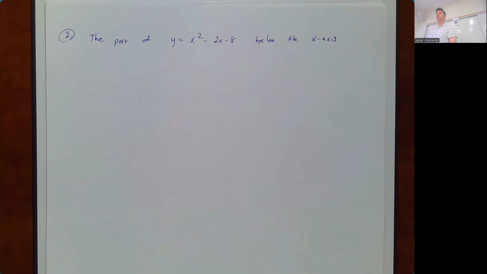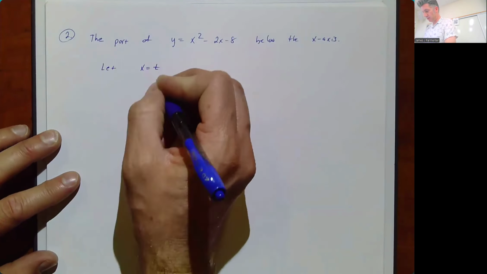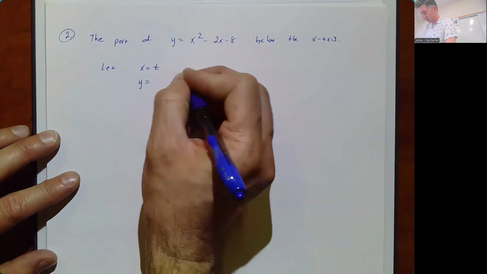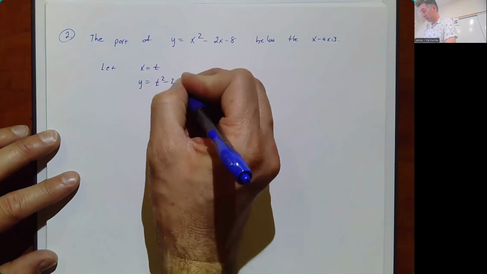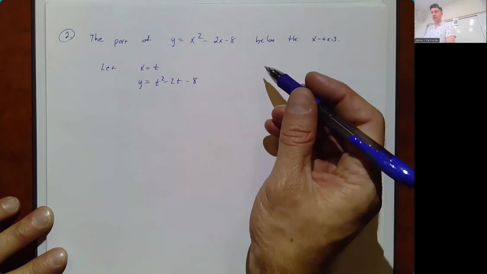It's usually pretty easy to parameterize something if they've already given you y as a function of x or x as a function of y. We can make the very easy choice to just say, let x equal t and y equal t squared minus 2t minus 8. The only thing is that that's going to give us the entire parabola. We only wanted the part below the x-axis.